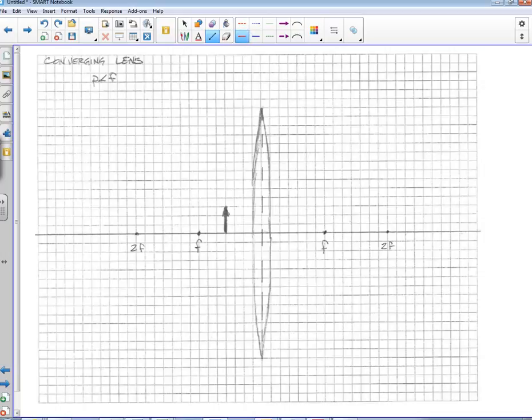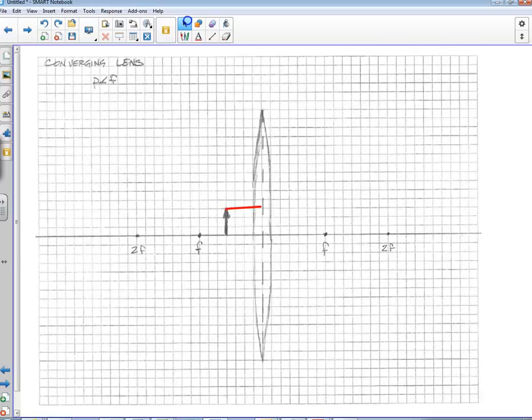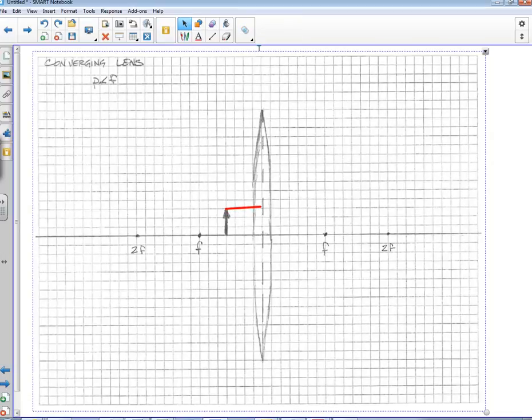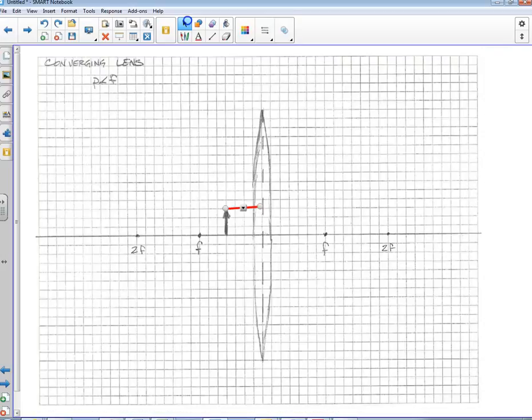So parallel ray, in parallel. That's kind of ugly. That works-ish. Good.